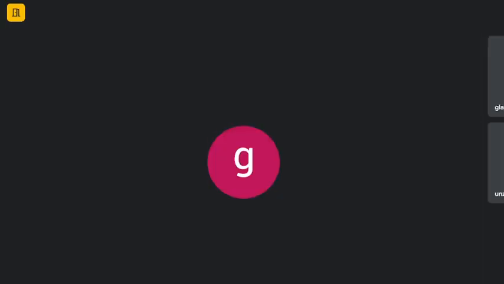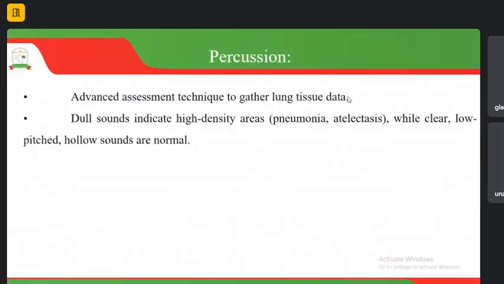Tissue data, which is basically related to percussion. When you're percussing, you should be able to know what sound comes during percussion: what is the normal sound as you percuss the chest, and what is the abnormal sound. So that you can articulate that this sound is related to this condition.